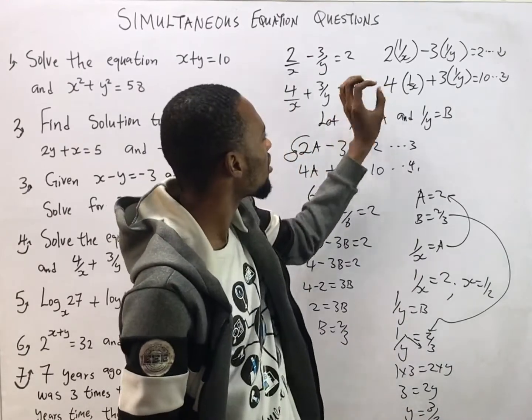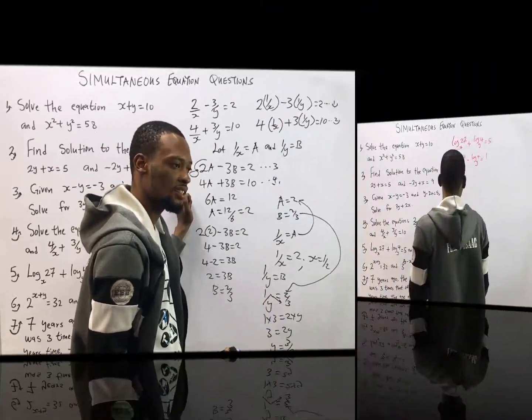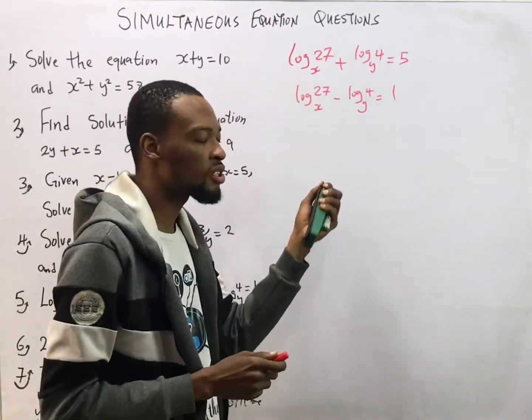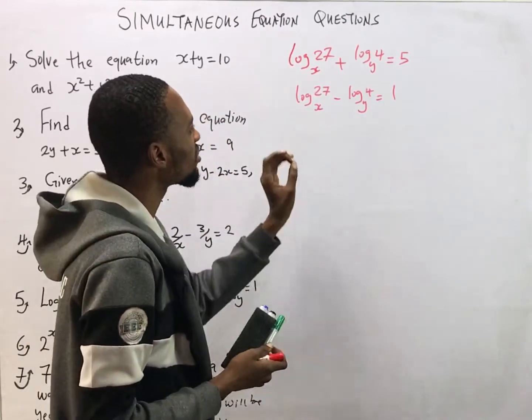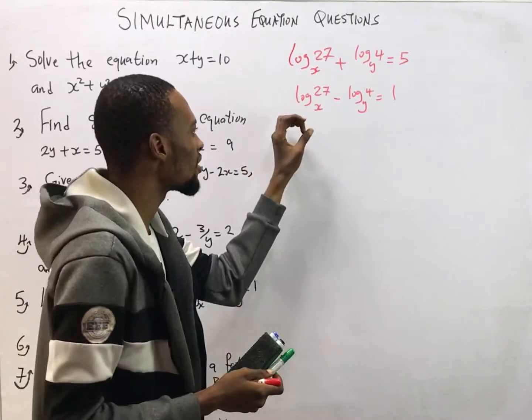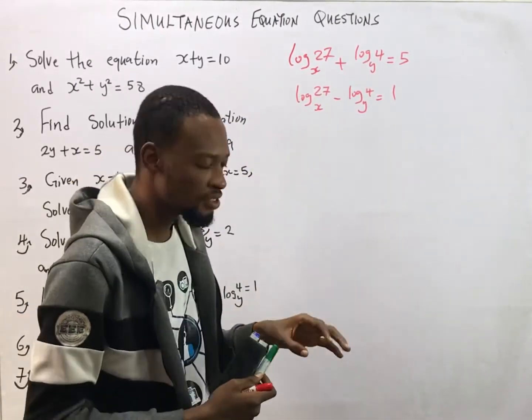And don't fail to understand the strategy we used to arrive at this answer. Given these equations, and the way these questions usually come, you can do some basic manipulation to get your answer. This equation requires the knowledge of logarithm.